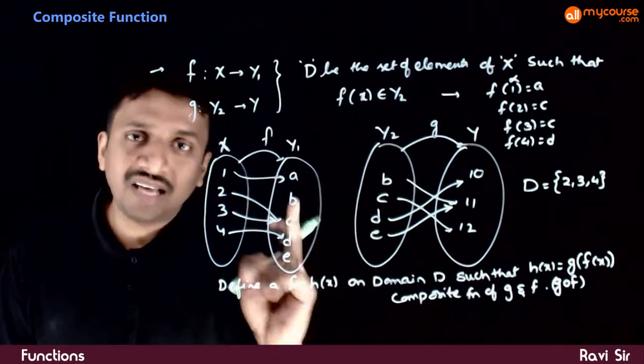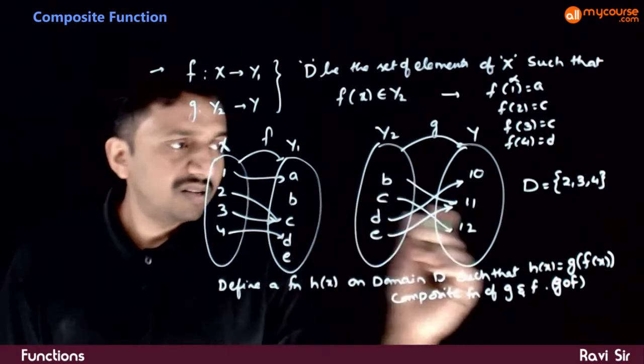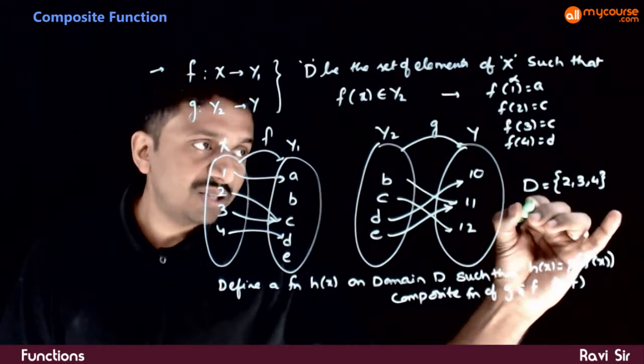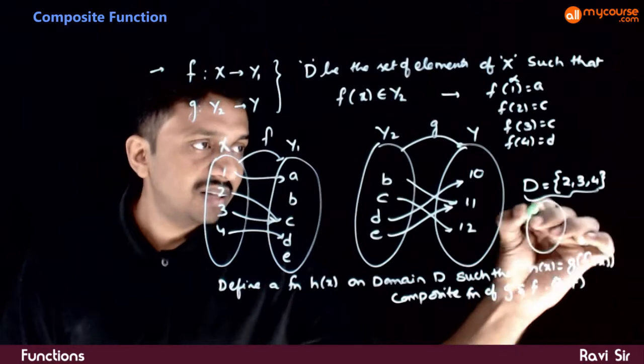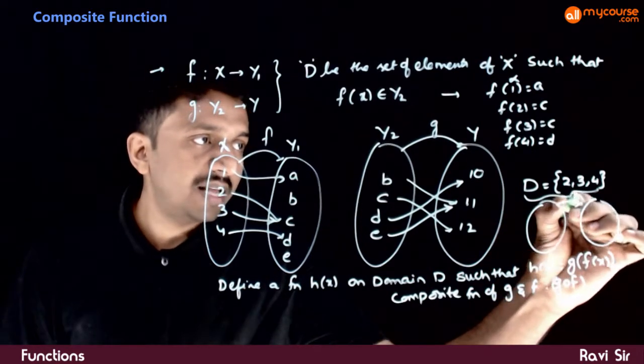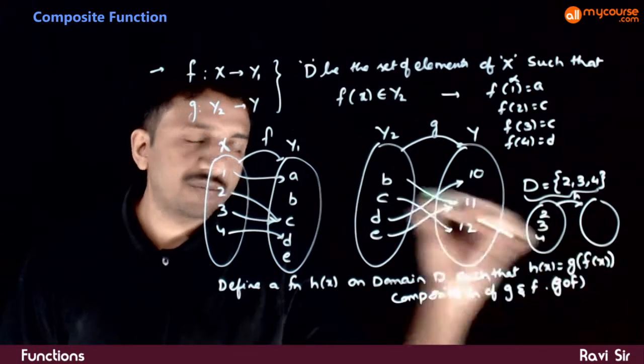So let us try to analyze what h of x does. h of x is defined on the set 2, 3, 4. That is, the domain of h is 2, 3, 4.